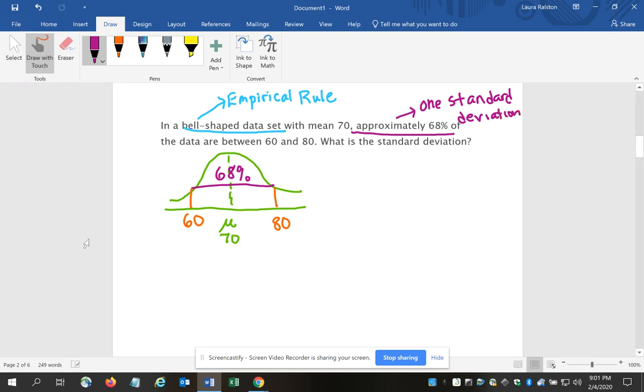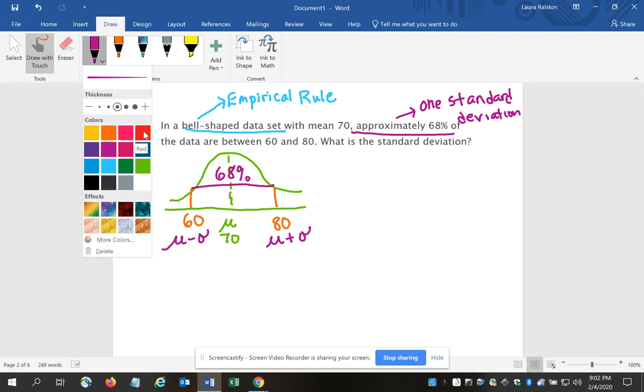Formula-wise, 80 would be the mean plus one standard deviation, and 60 would be the mean minus one standard deviation. The empirical rule says that approximately 68% of the data fall within one standard deviation. So I can set up a very basic equation and solve it to determine the standard deviation.